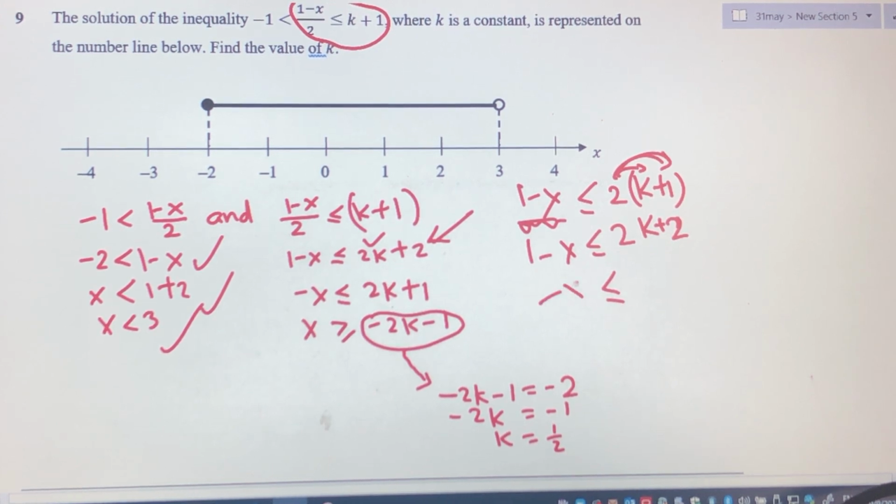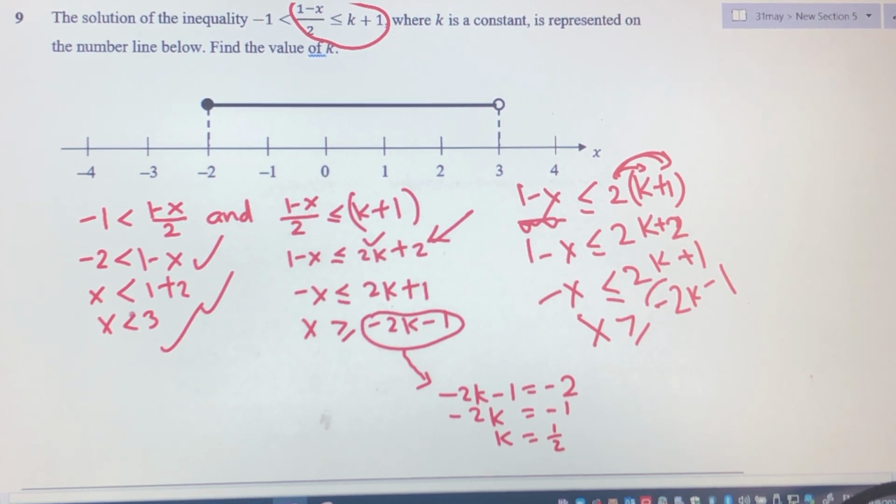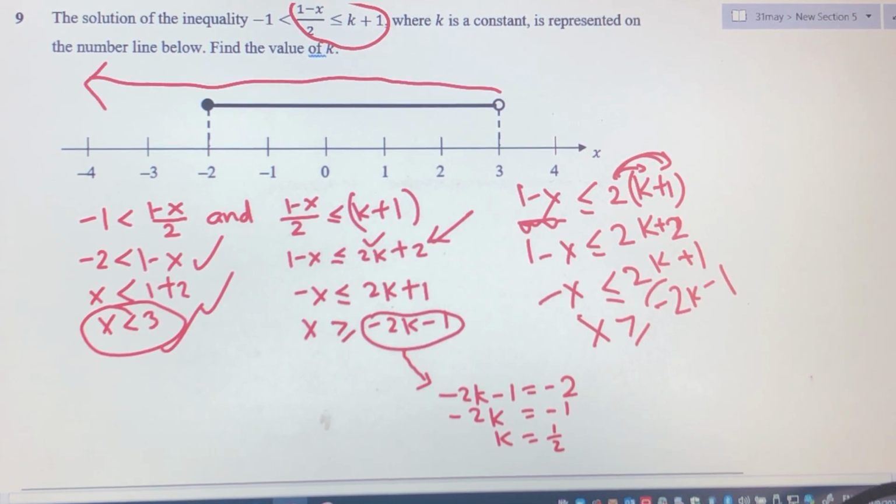Okay, so what you can do now is this is 2k plus 1, right? Then you multiply by minus throughout. They be minus 2k minus 1. Okay, which is what I've gotten here. But let me just explain. This x is less than 3. That is this here, right?